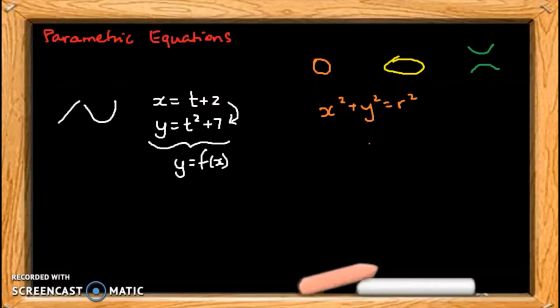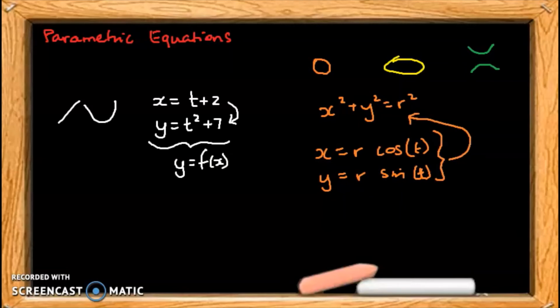However, if I wanted to express a circle in parametric equations where t is my variable, I might find that x equals r cos t and y equals r sine t. By using these, I can make substitutions and then transfer between parametric and Cartesian equations.